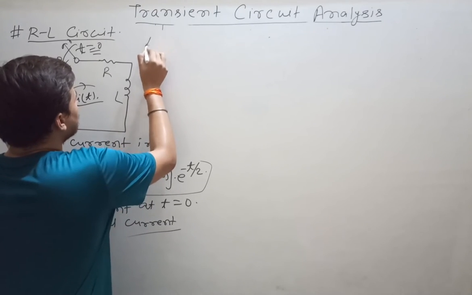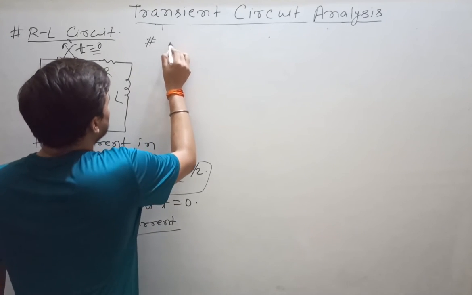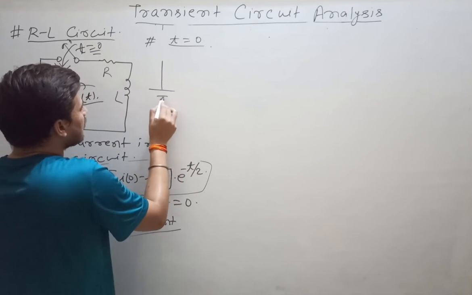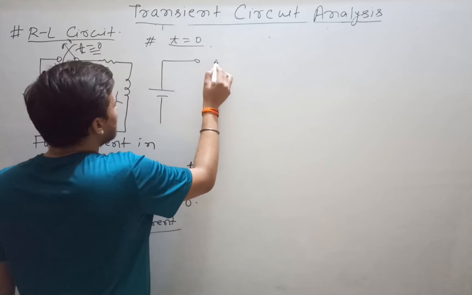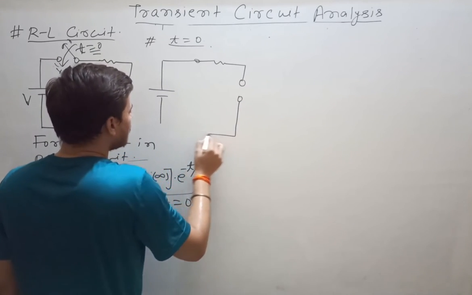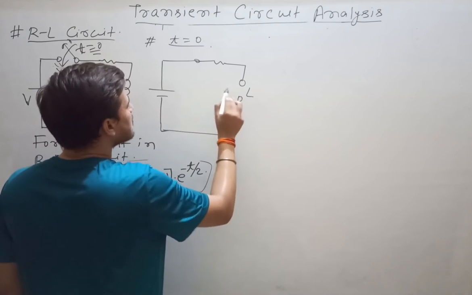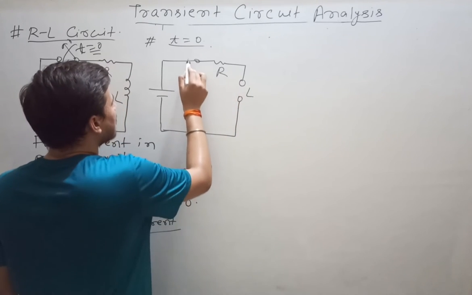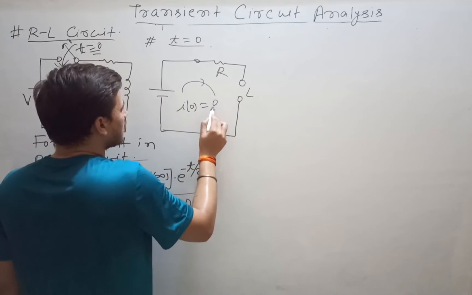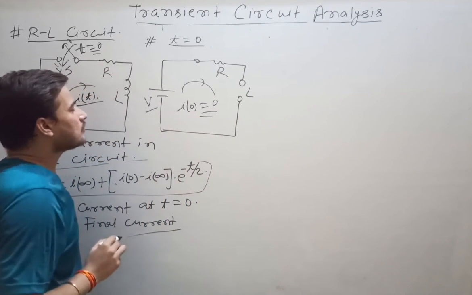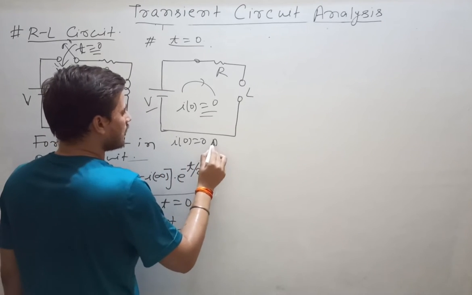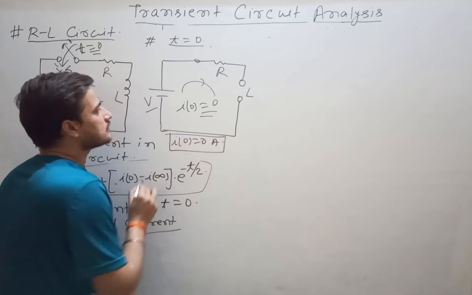First case, time t equal to 0. When you have closed the switch, the resistor is connected in the circuit, but inductor will behave like open circuit. So here the current I0 will be equal to 0 ampere.